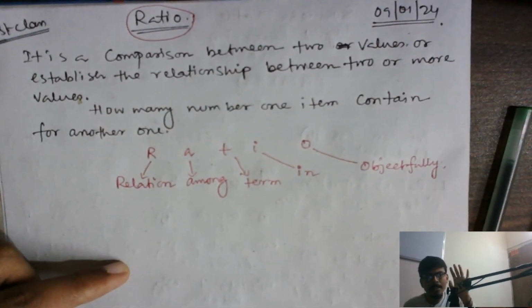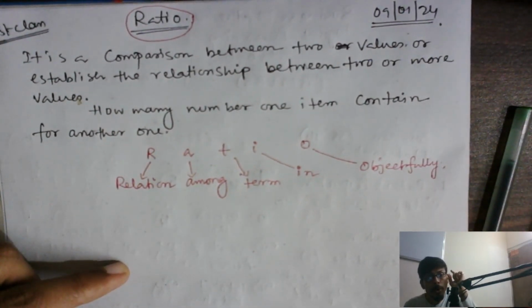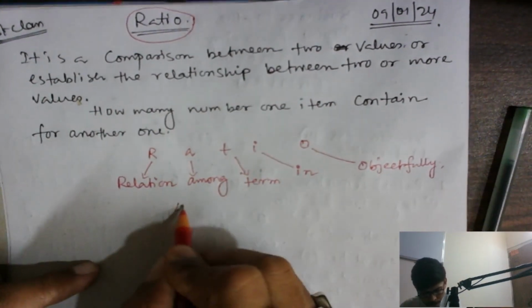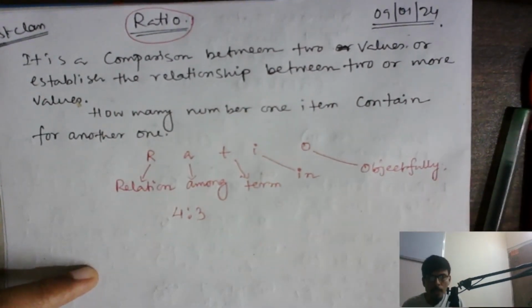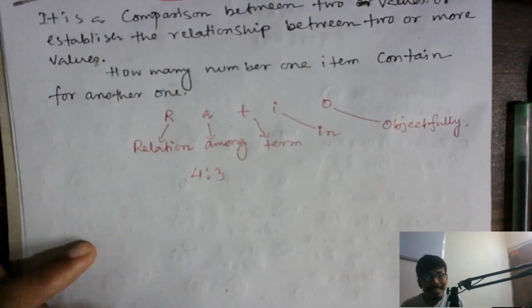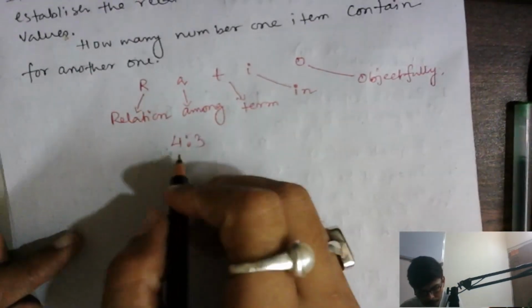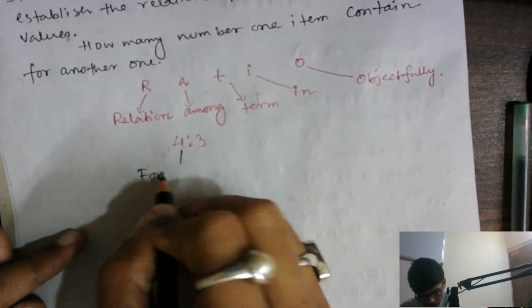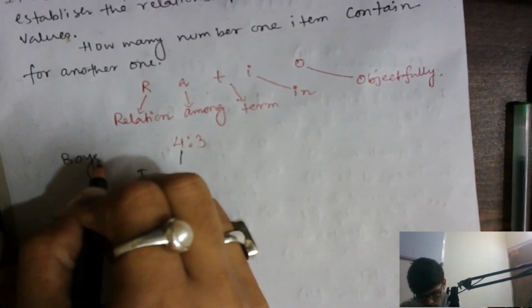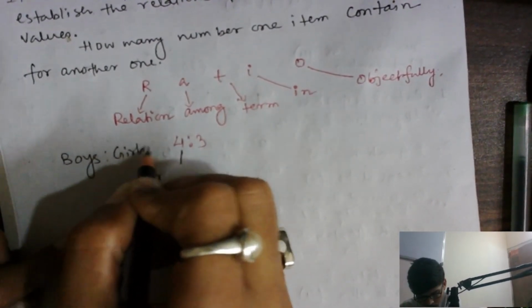It is not enough to just find the ratio; आपको उसको इंटरप्रेट करना आना चाहिए. For every 4 boys, there are 3 girls in the class. That's why it is known as, sir, 4:3. So what is the interpretation? Let's say boys to girls is 4:3.